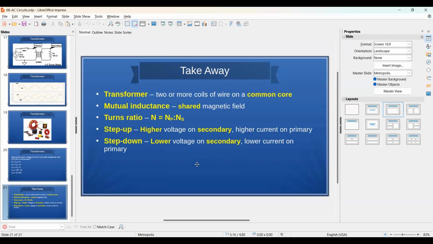If I can get my other camera to work again, but I had it working. This is a little MIT demonstration of Lenz's law.